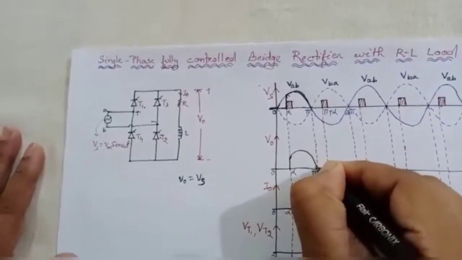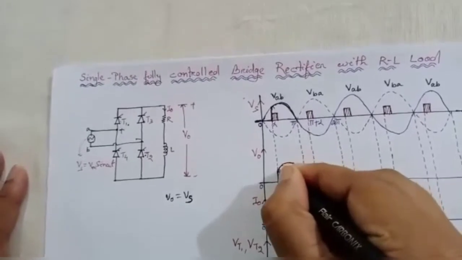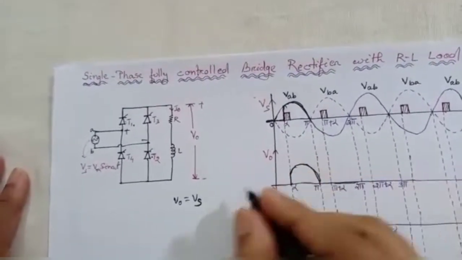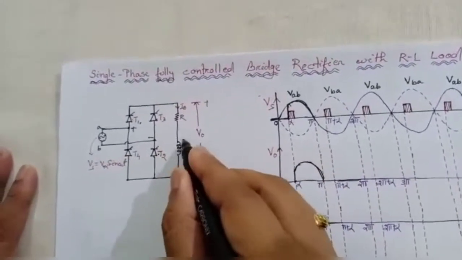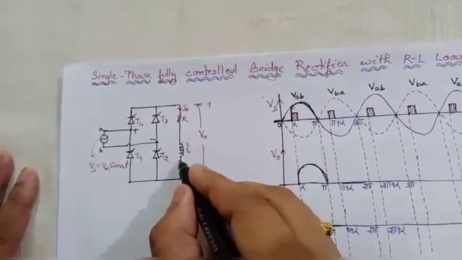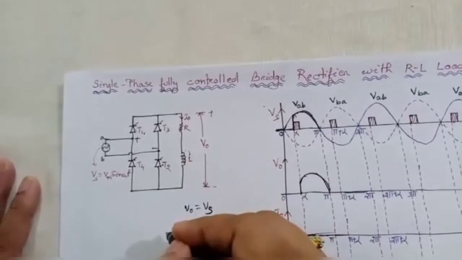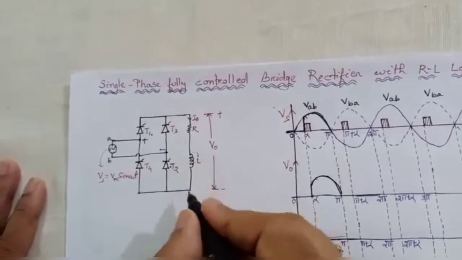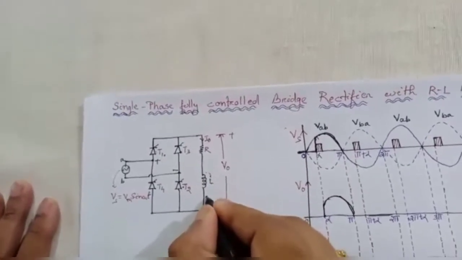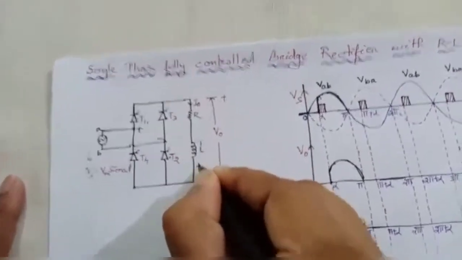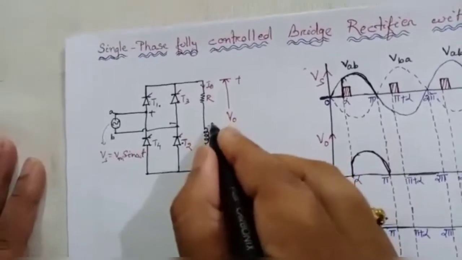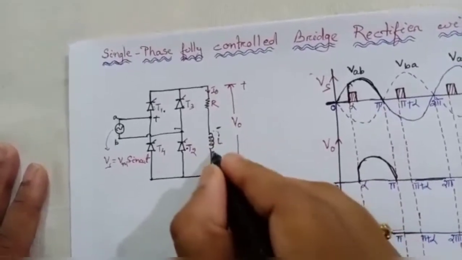Then, we have taken an inductive load here, so this inductor will store some energy in the positive half cycle of the supply voltage and in the negative half cycle it will release the energy for some time, meaning the inductor polarity is now reversed.